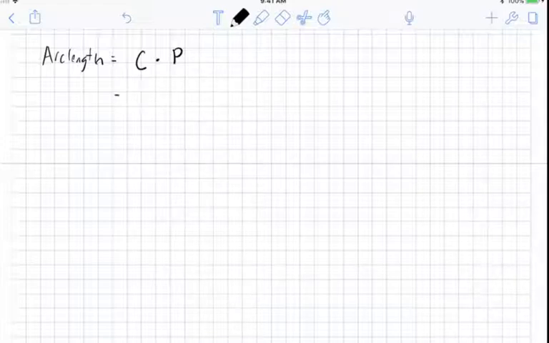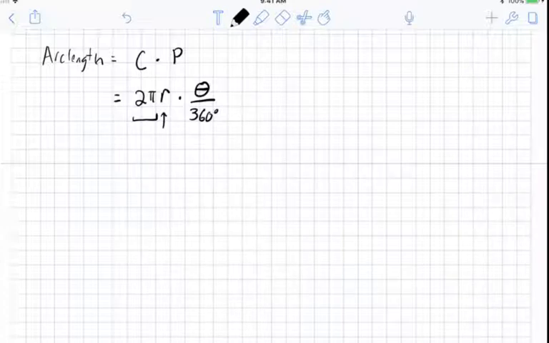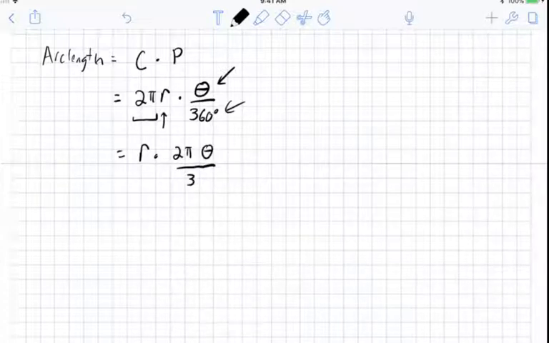The circumference is 2 pi r. It involves me multiplying something I'm given, 2 pi. And then the percentage is the angle divided by 360 degrees, which involves dividing an angle I'm given by some number. I can rewrite this as r times 2 pi theta over 360 degrees.